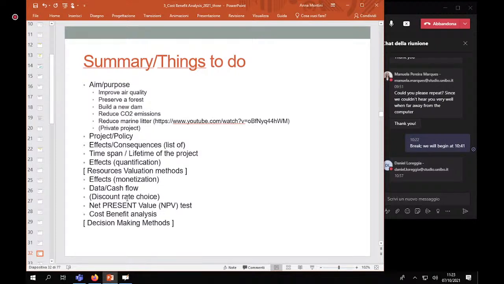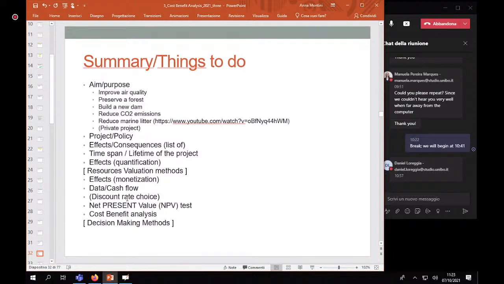Okay? So, first of all, you have to define your aim, your purpose. Then you have to identify the list of the effects. Then you have to put quantitative values for the effects. Then you have to estimate monetary values for the effects. At the end, you will have cash flow.